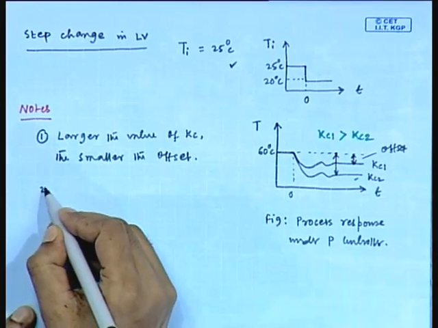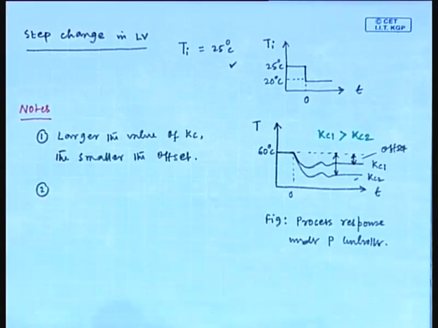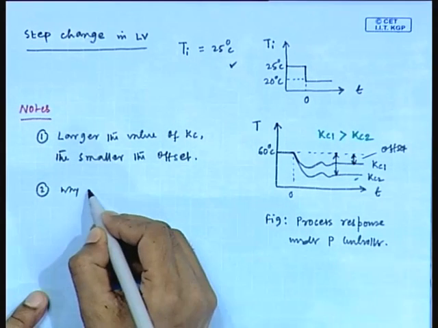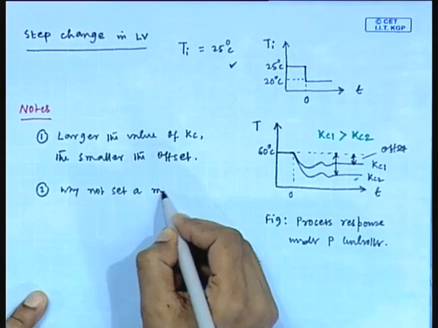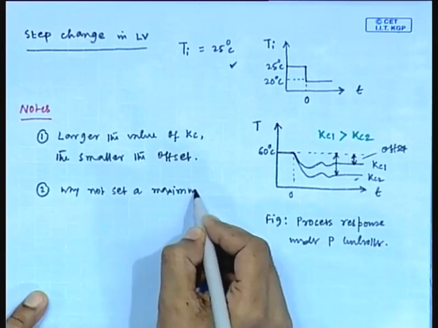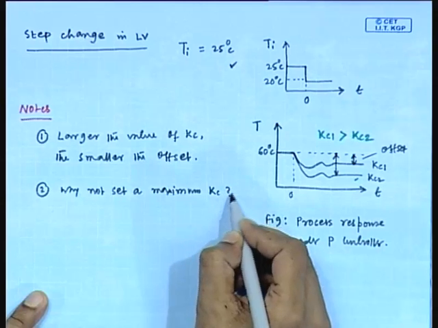Now, if this is the conclusion, the larger the value of Kc, the smaller the offset, then why not set a maximum gain? Immediately one question arises: why not set a maximum gain?